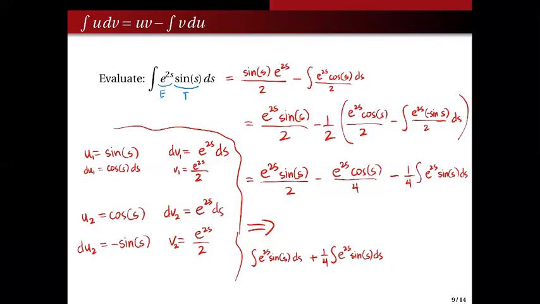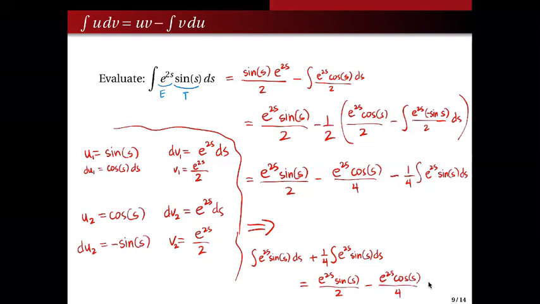Are we good? So this is now equal to e to the 2s sine s over 2 minus e to the 2s cosine s over 4.